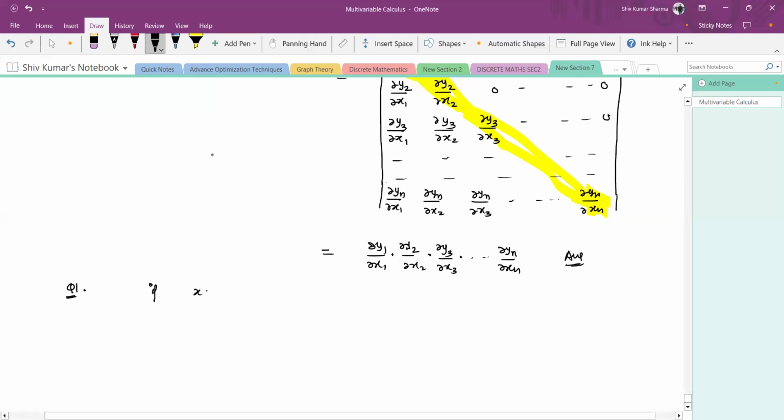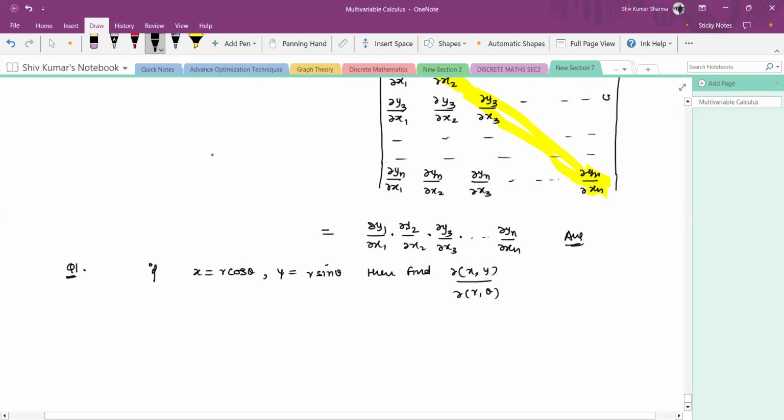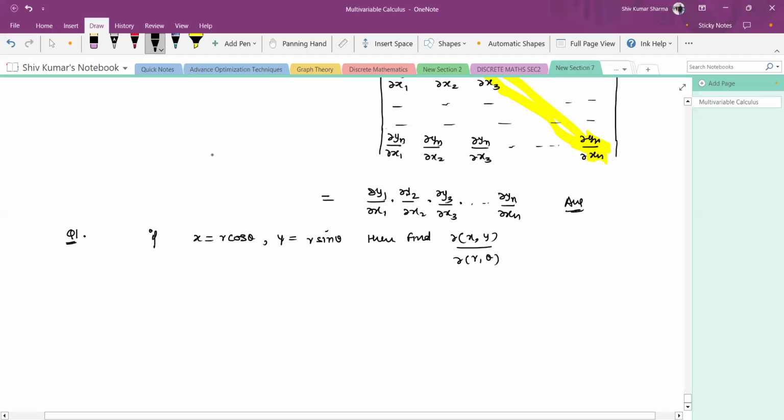If x is equal to r cos theta, y is equal to r sin theta, then find del xy upon del r theta. So here we calculate del xy upon del r theta. So we write down the solution. x and y work as dependent variables.